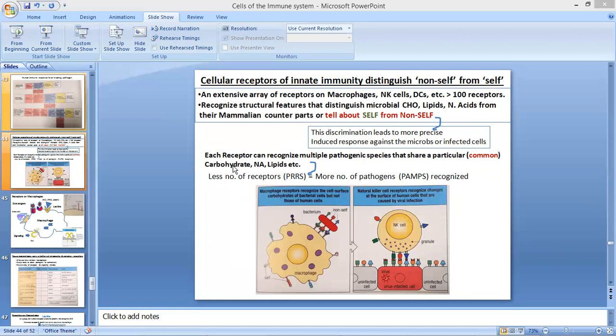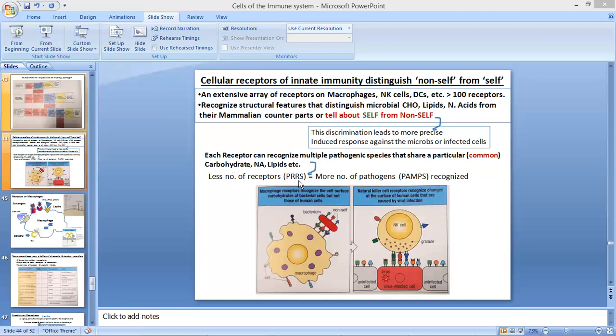For instance, a carbohydrate pattern common to gram-negative bacteria, or carbohydrates found on the surface of gram-positive bacteria. All the gram-positive bacteria would have that pattern, or pathogen-associated molecular pattern, as we call it.